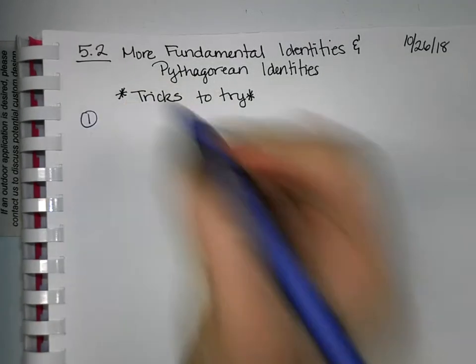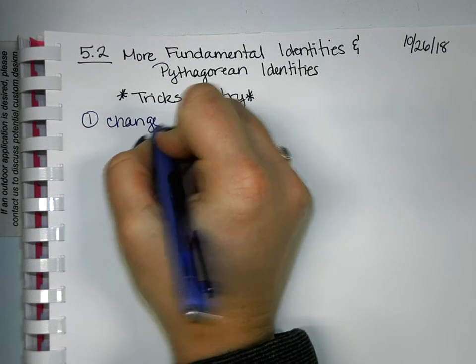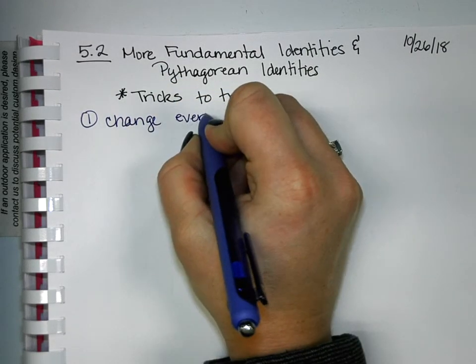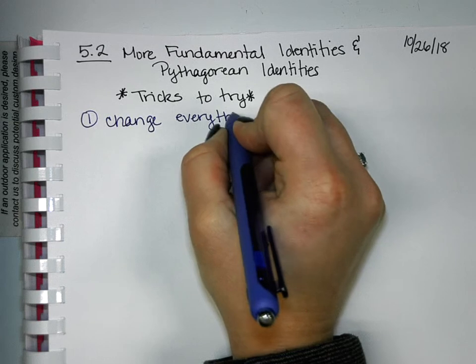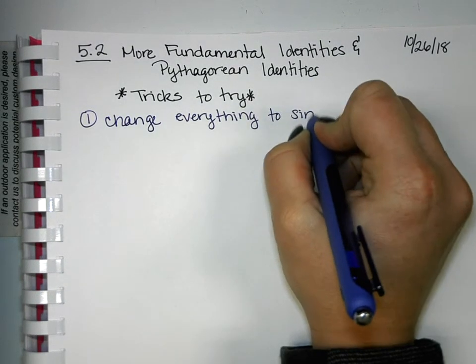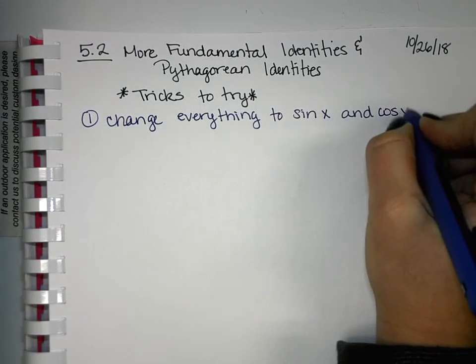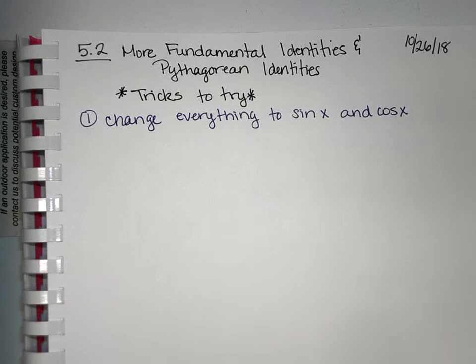So our first trick to try is to change everything to sine x and cosine x. So in other words, turn your tangents into sine over cosine, your secants into 1 over cosine.